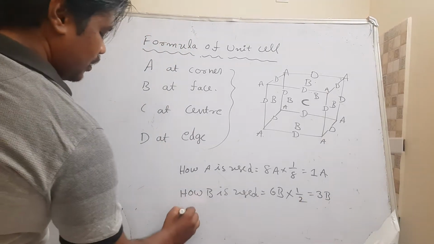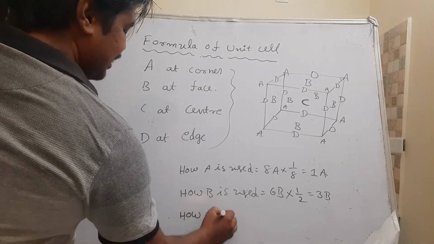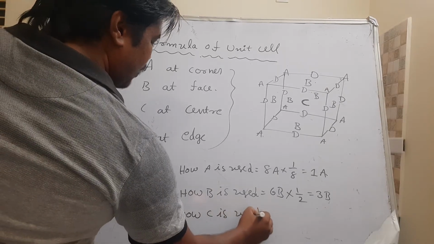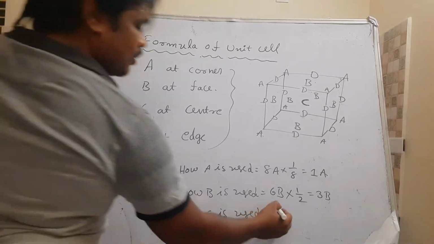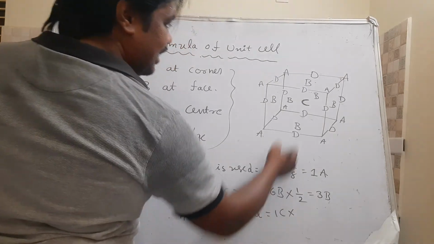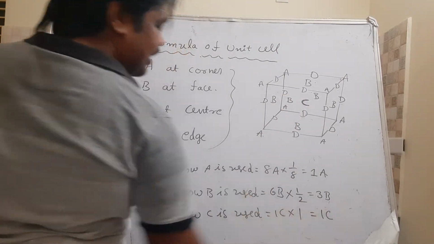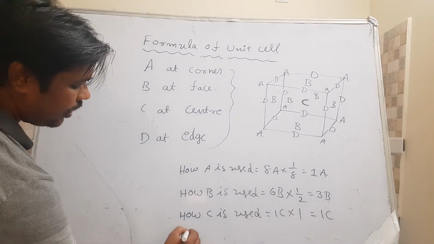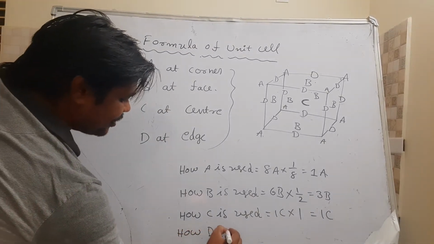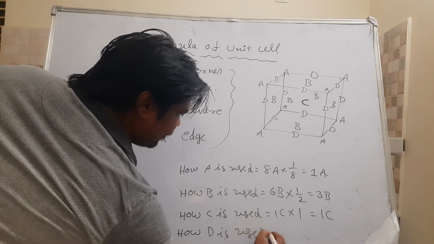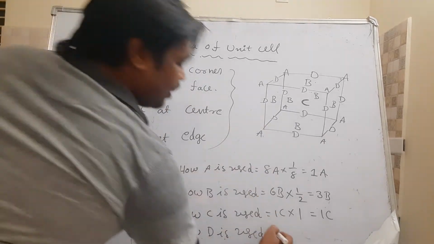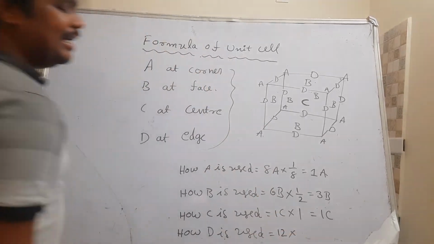And how is C used, students? So 1 C is there. It is at the center of the unit cell. Its contribution is 1, so 1 C is used. How is D used? So 12 D's are present at each and every edge.